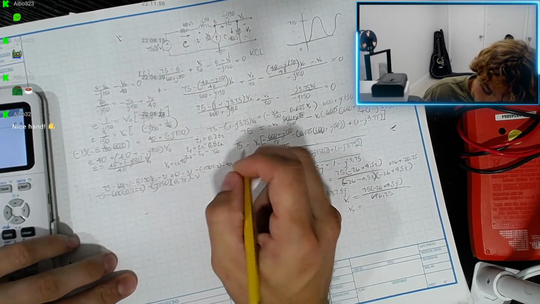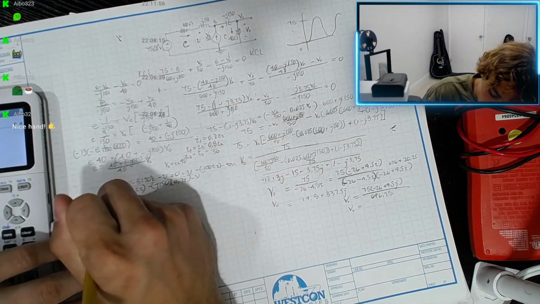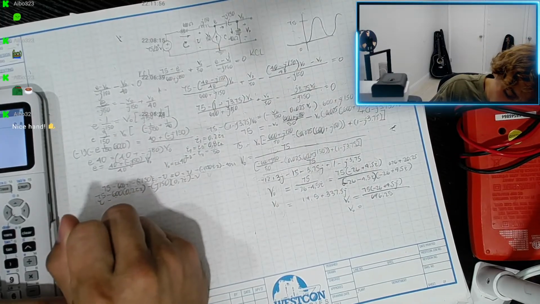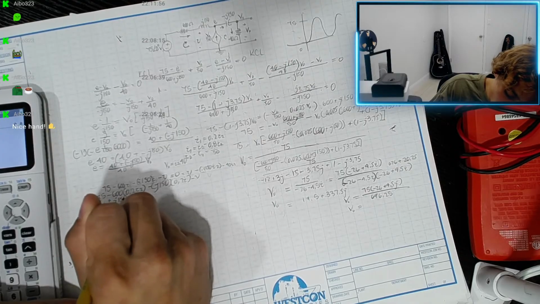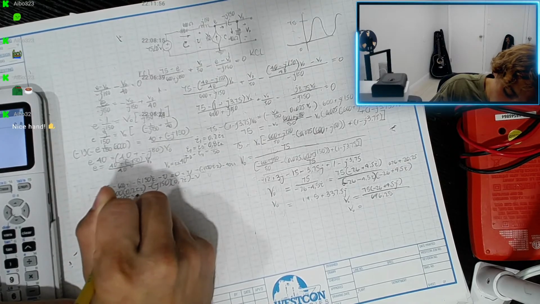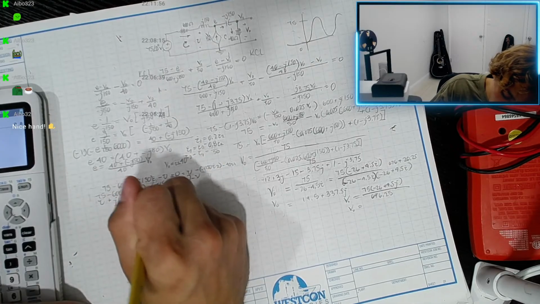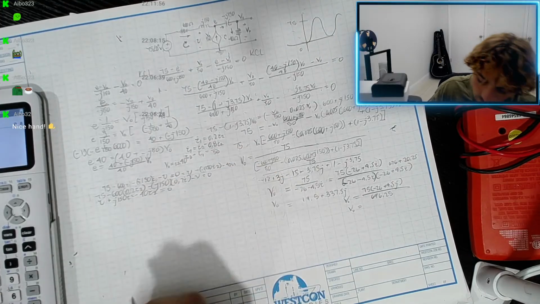And then just this equation. Let's just make it a plus: plus j150 I2 minus 40 I2 equals 0.